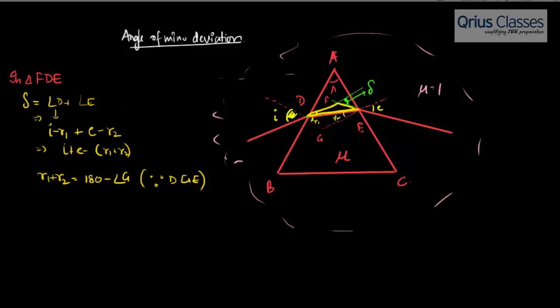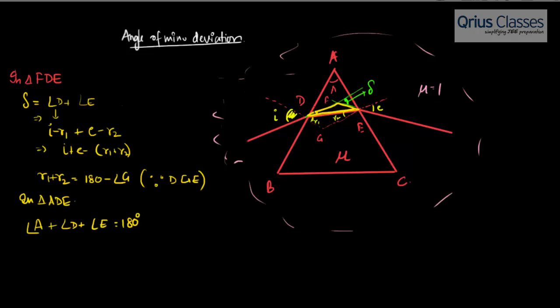Also, what we know is that in triangle ADE, angle A plus angle D plus angle E must be 180, right? So angle D is nothing but 90 minus R1, because DG is the line which is perpendicular to AB.